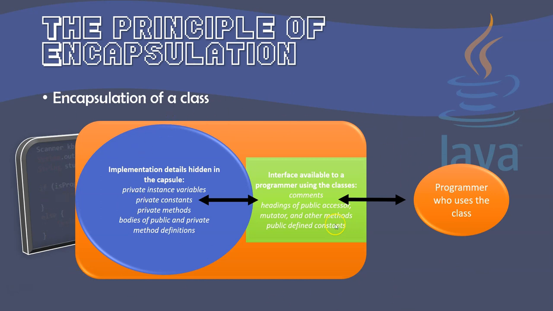Inside of that Date5Try class, you'll see there are two different pieces. We have the implementation details hidden, such as our private instance variables, any private constants, private methods, and the bodies of the public and private method definitions. Now, you can't necessarily see what the exact code is, even though we can access the method, we don't know what the implementation details are.